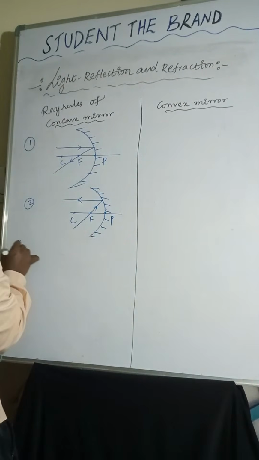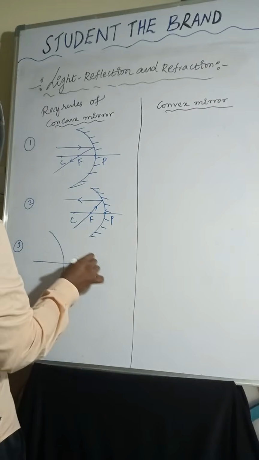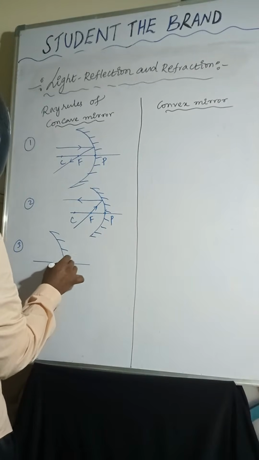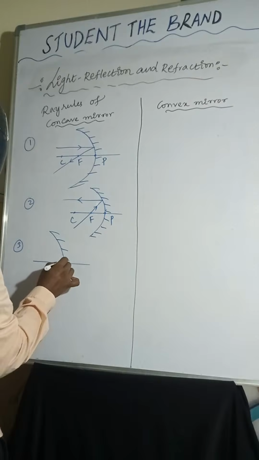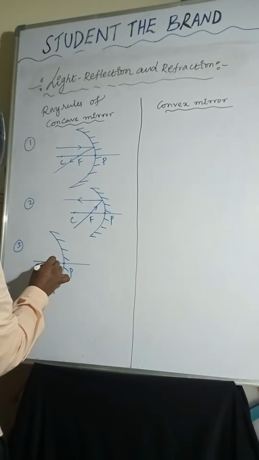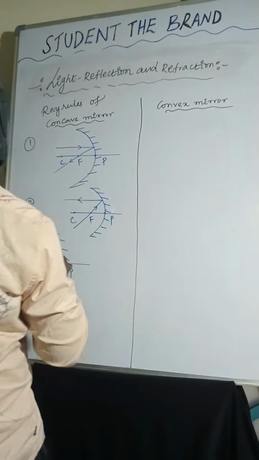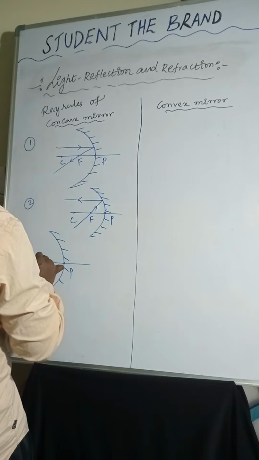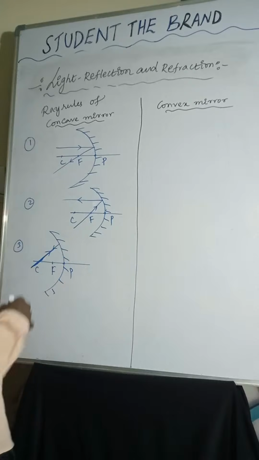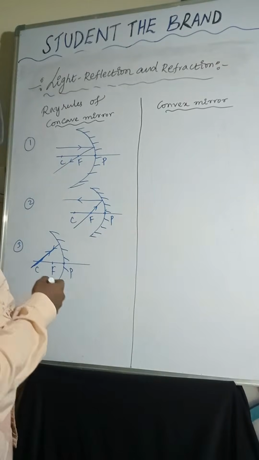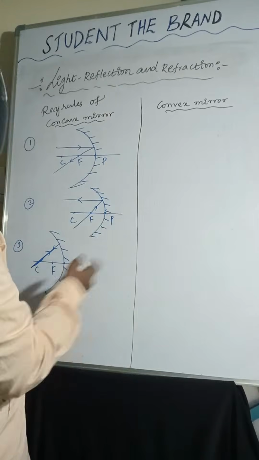Coming to third one. Pole, focus, center of curvature. Light ray is passing through center of curvature, it retraces its original path.